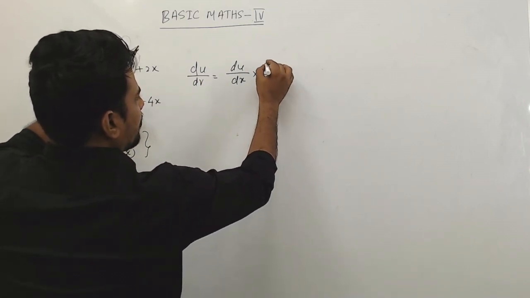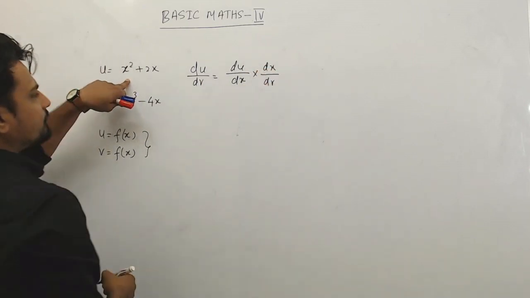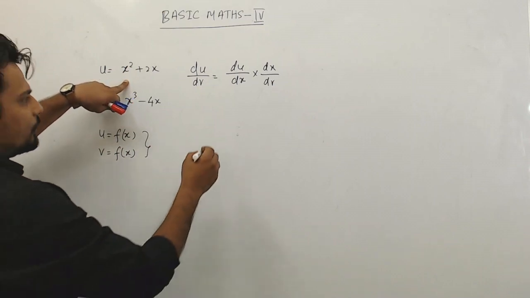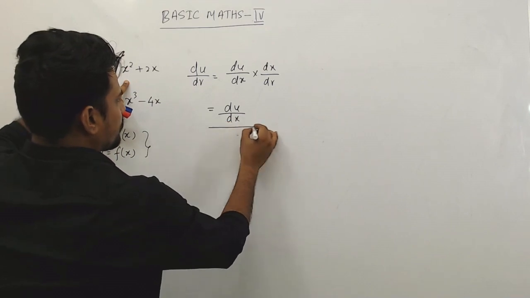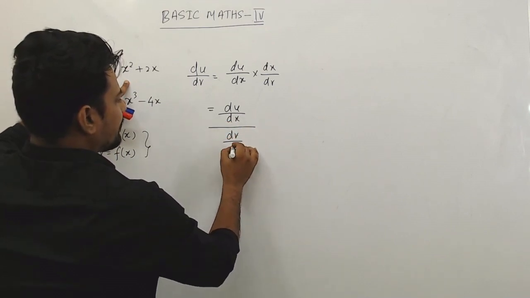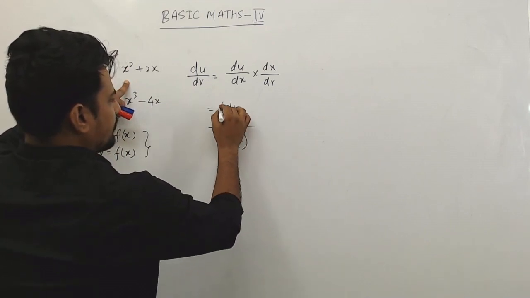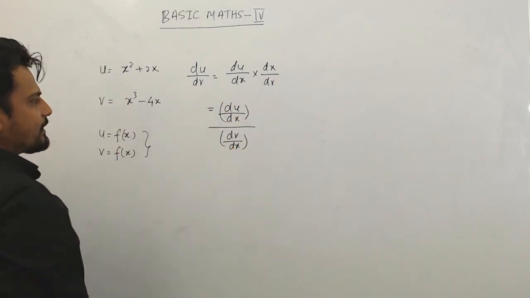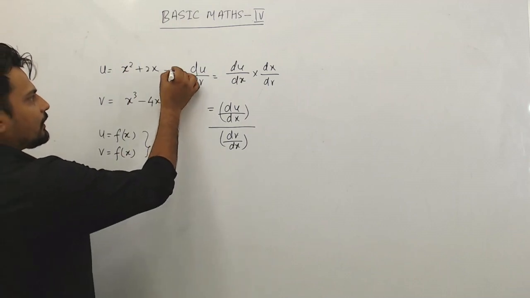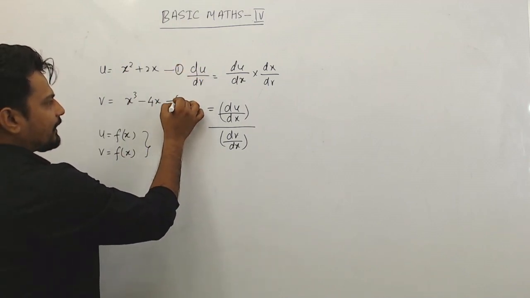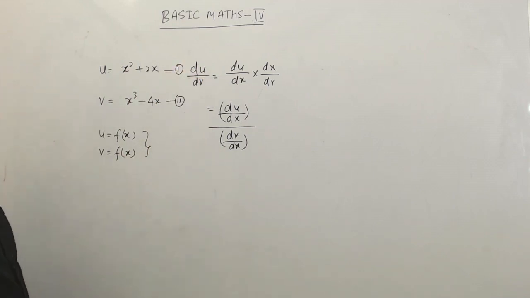Let's say dv, and you put dx over there. So basically, you're just doing du upon dx over dv upon dx. And you can see if you simplify, dx would get cancelled and you'll be having the same thing we started with. So the idea is very simple. You're going to differentiate u separately and v separately, and you're going to put it here. Nothing much. No differences at all.